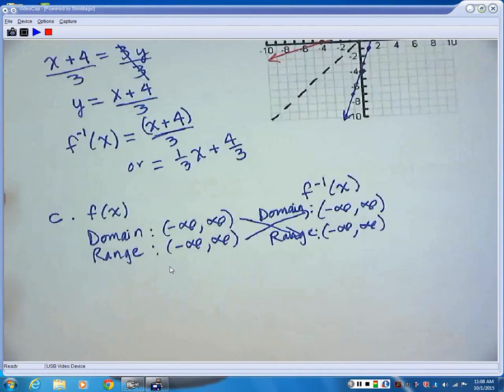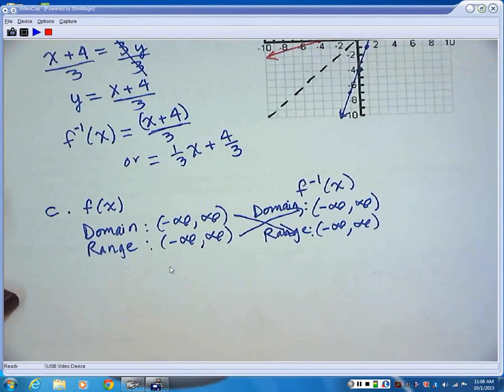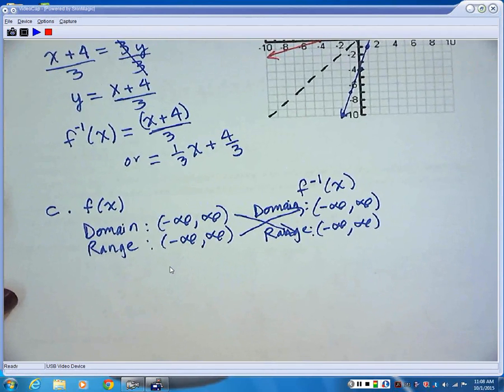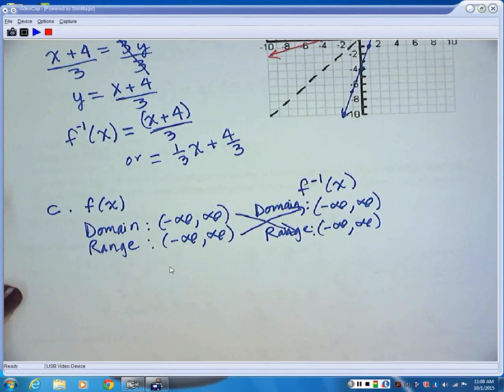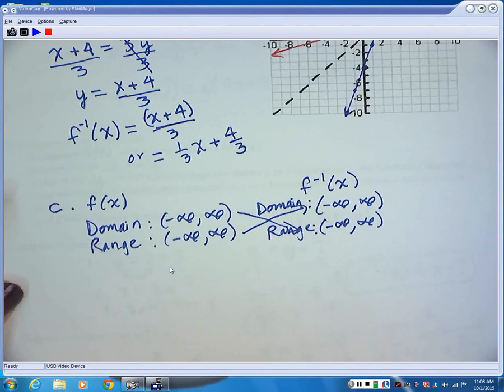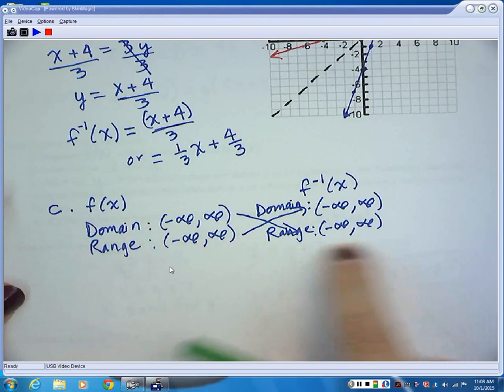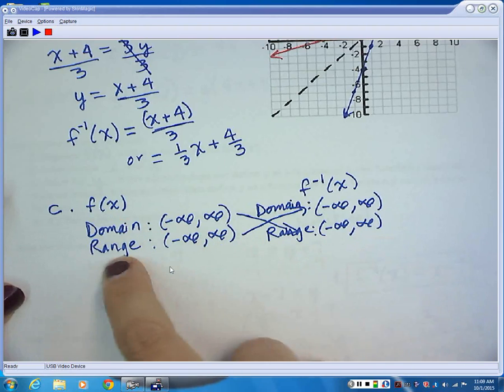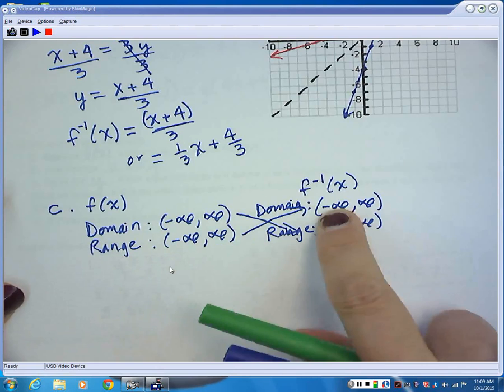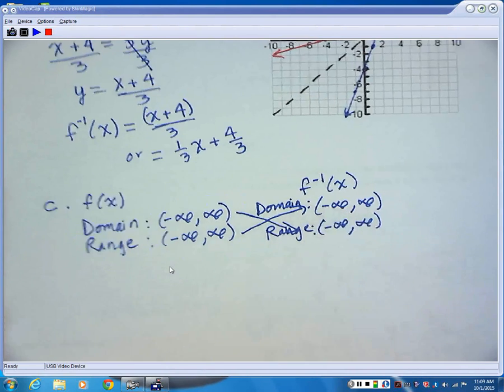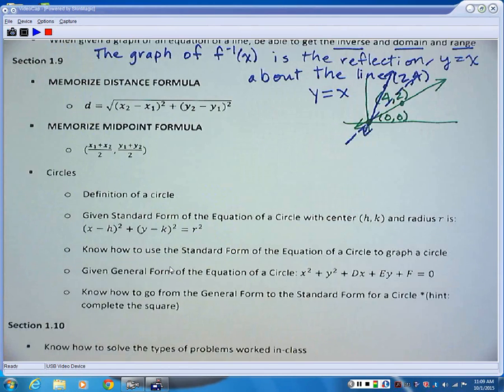And then the domain and range, they're switched, but for this example, they're all minus infinity to infinity. But the domain of the original function will be the range of your inverse, and the range of your original function will be the domain of your inverse. Okay? So that was 1.8.